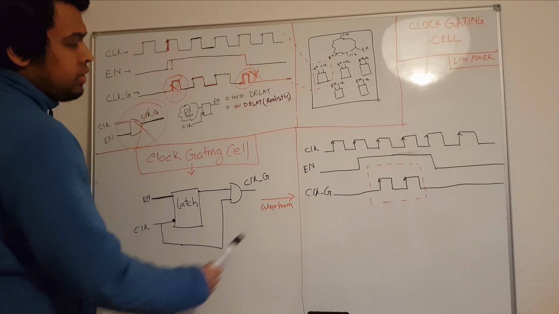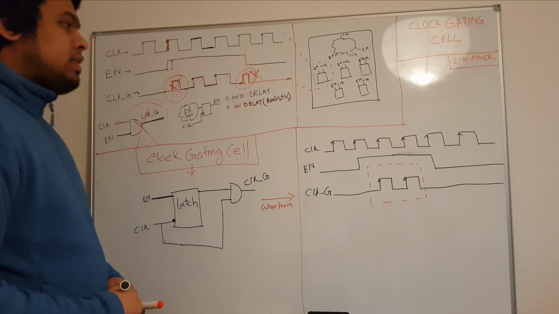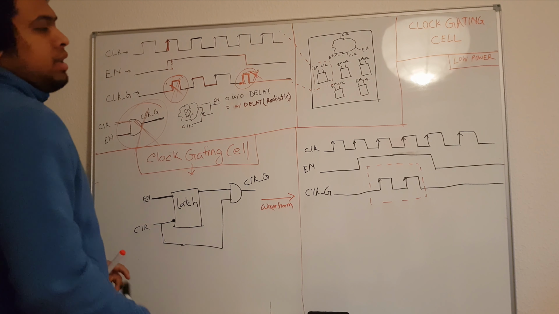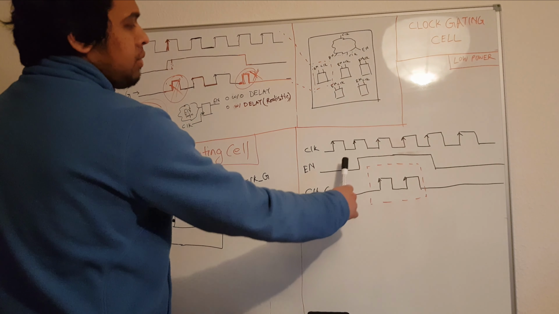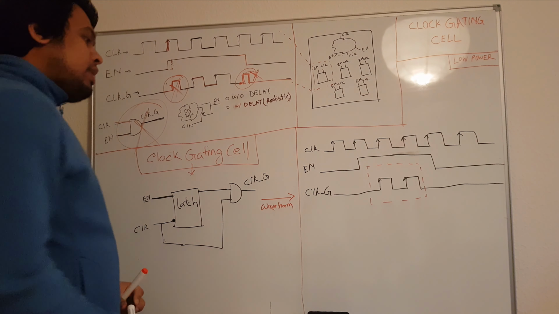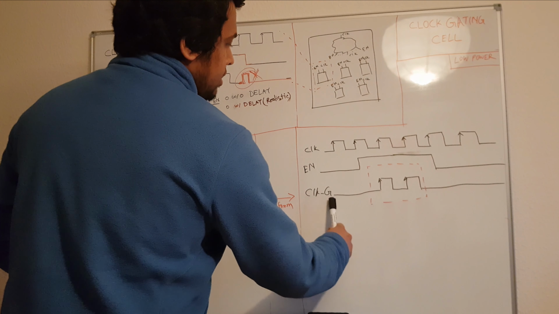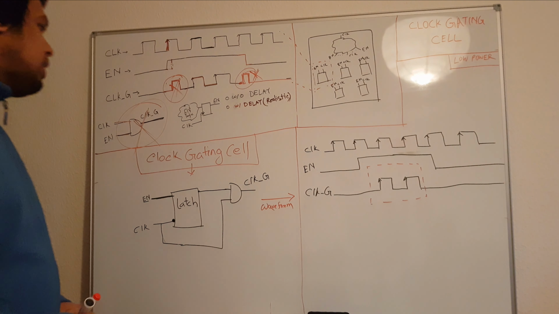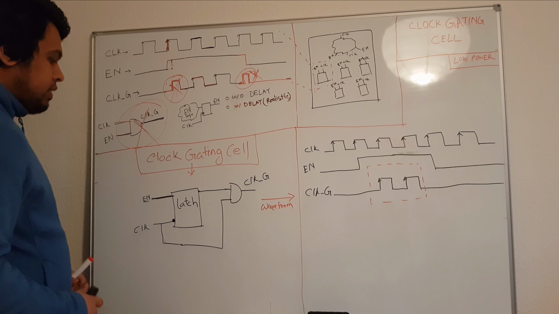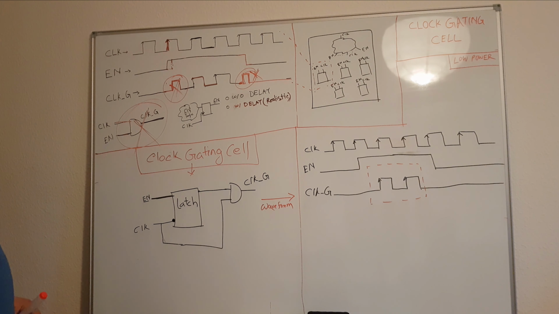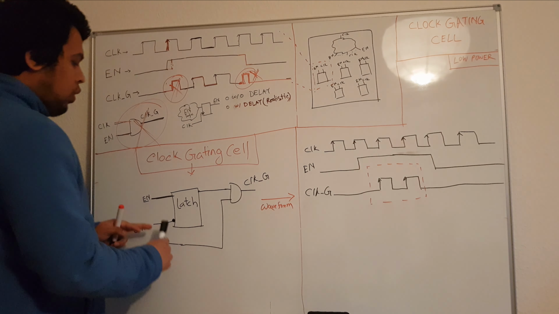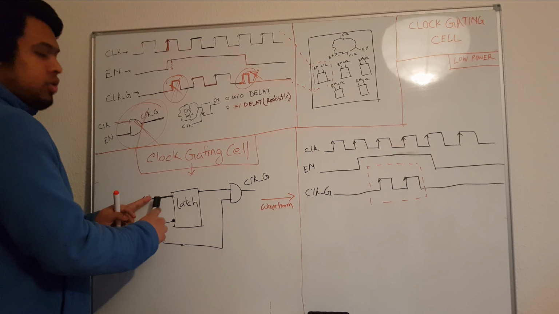This will be clear if we actually see the waveform. So as you can see here, it's the same waveform. The clock and the enable are actually the same waveform here. The enable signal goes high at the same time and goes low at the same time. But the difference is how the clock gated signal is generated. Now, because it's a negative edge triggered latch, that means when the clock signal is low, no data will be transferred from here to here.